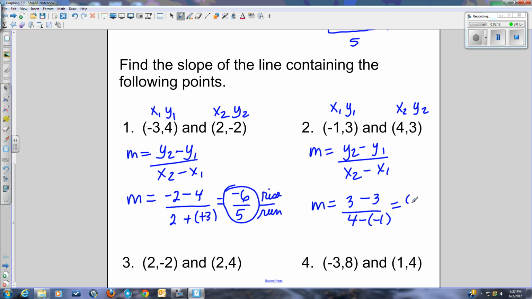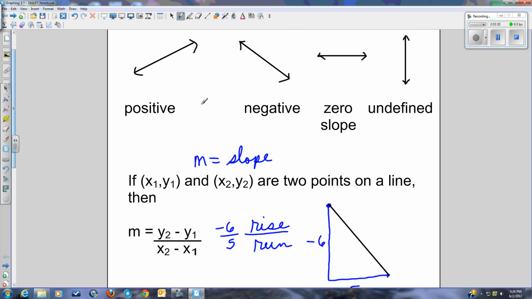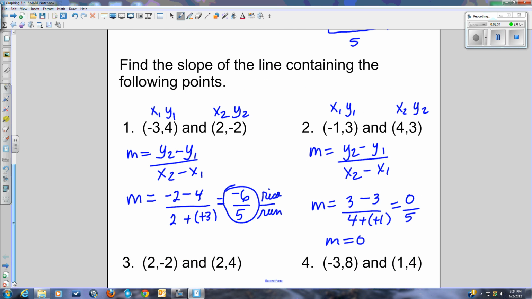Well, 3 minus 3 is 0. 4 minus negative 1, the negatives become positive, gives us 5. So 0 over 5 is just 0. So the slope is 0. So if we go back up to the top, a line with 0 slope was just a horizontal line. I didn't ask you to say what type of a line this is, but we can add that to our information here.